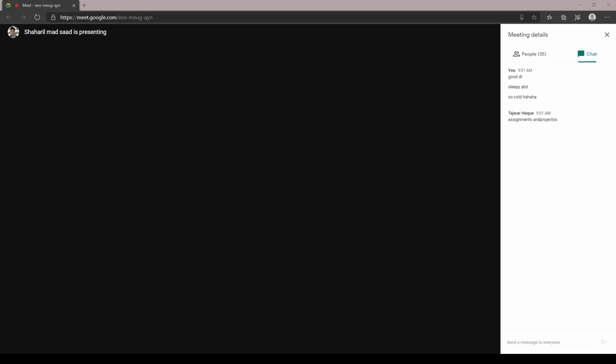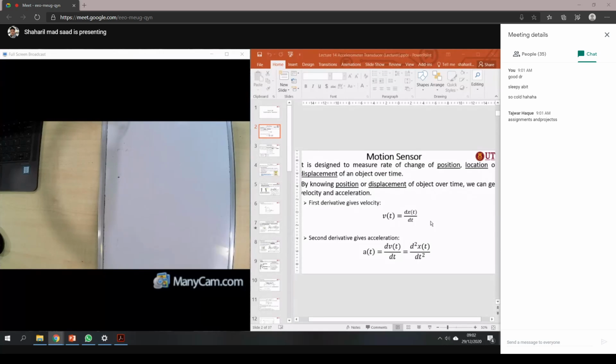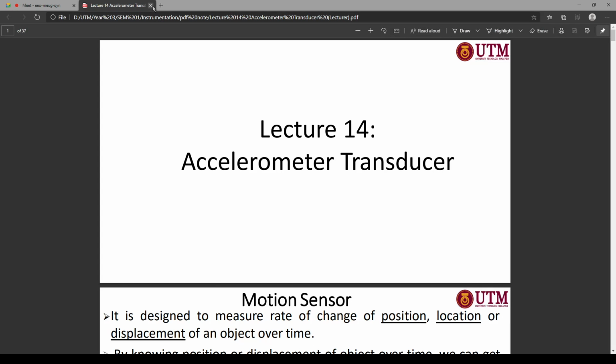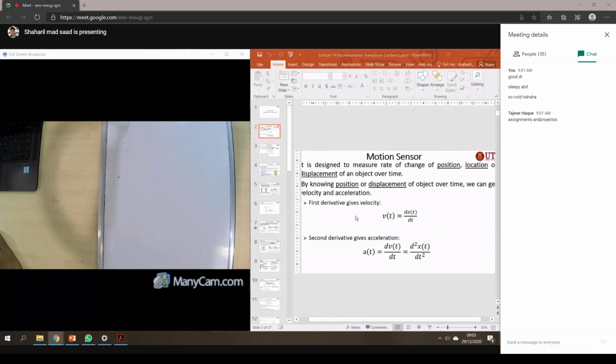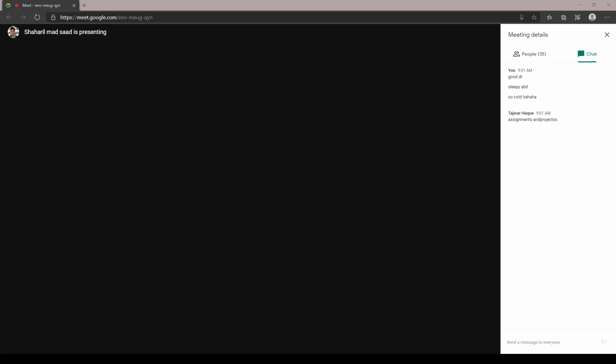So we can know the displacement and also the location and so on. As we know, from the first derivative of velocity, we can get the acceleration.